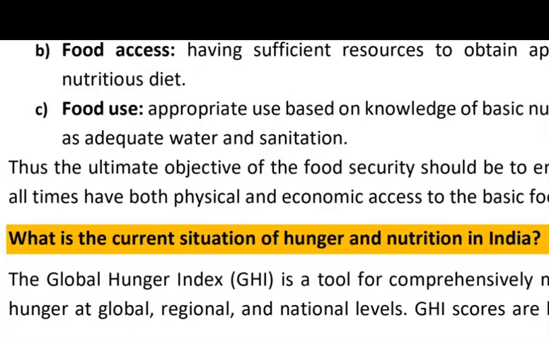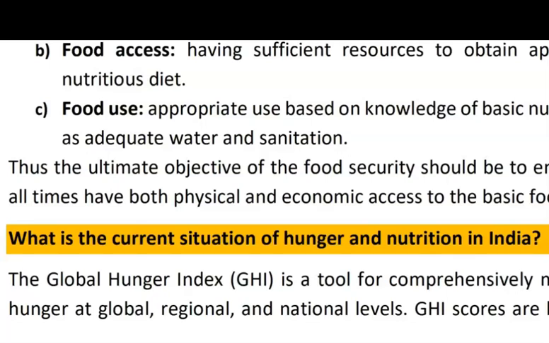So how do we measure hunger? We can do a comparative study with those countries who are doing well and managing well. For this, we have the Global Hunger Index.